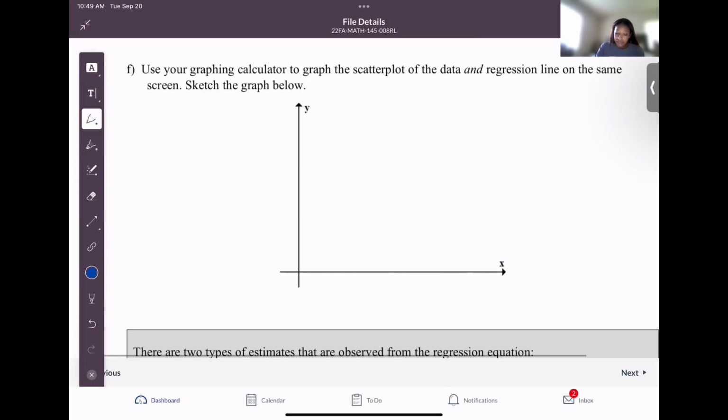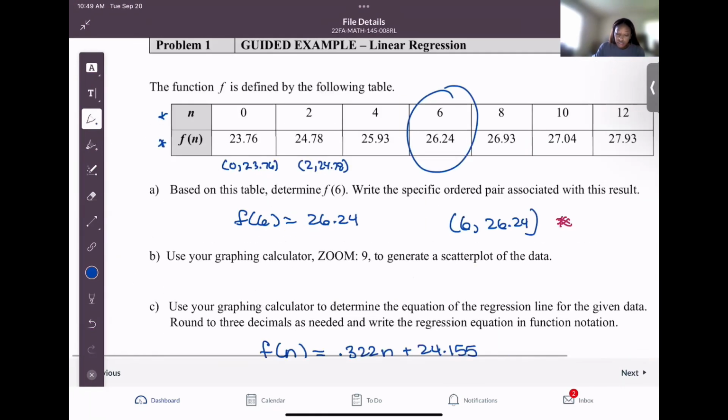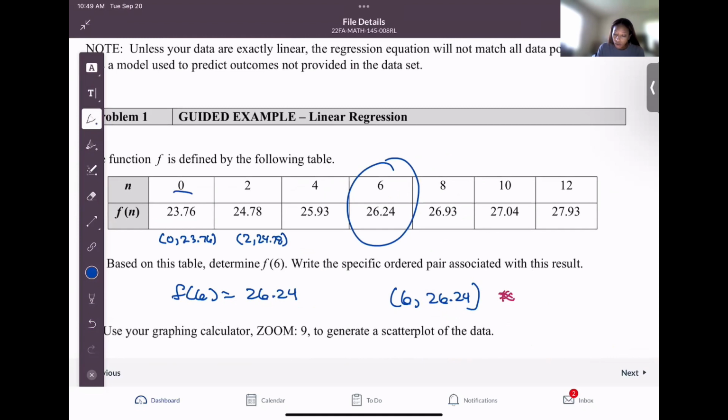In our last table, we were originally given the points 0 to 12. If we plug in any number between 0 and 12, that would be an example of interpolation. It's inside the interval of n values that we're given. So n of 6, interpolation. N of 3, interpolation. N of 11, that's interpolation. It's within the input values that we're given.